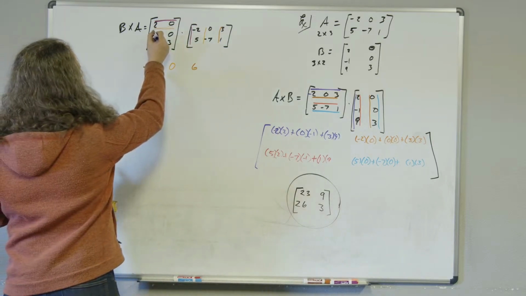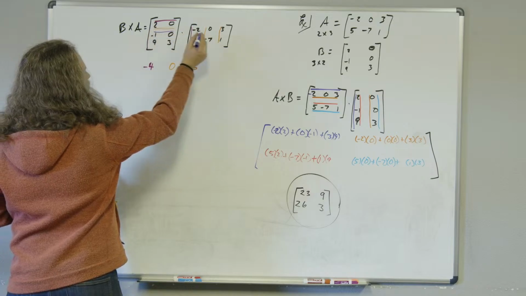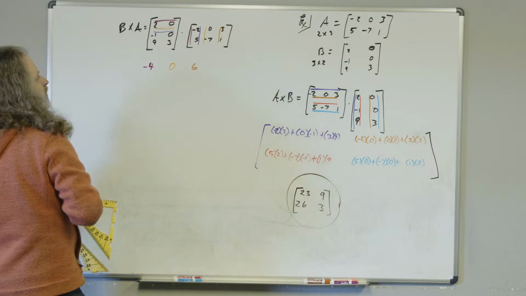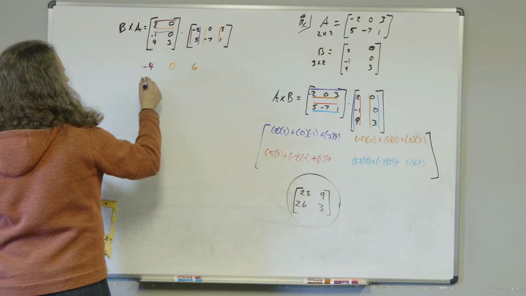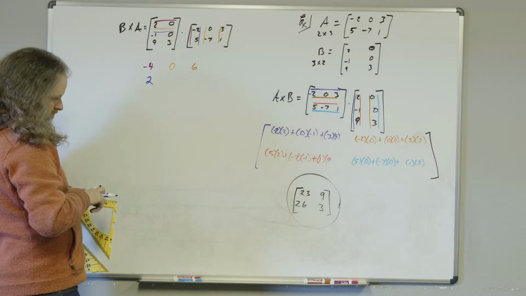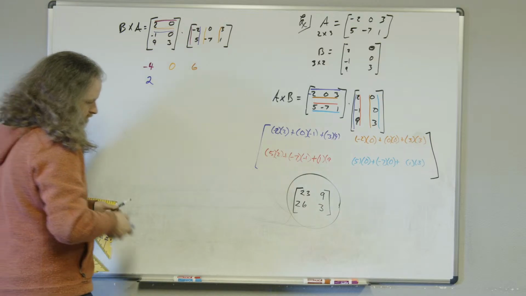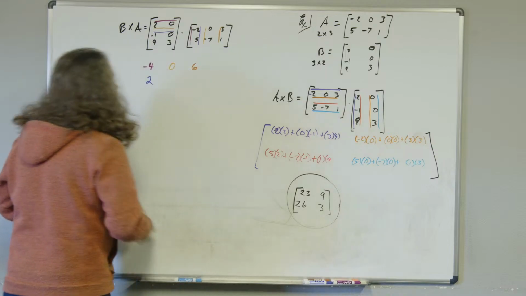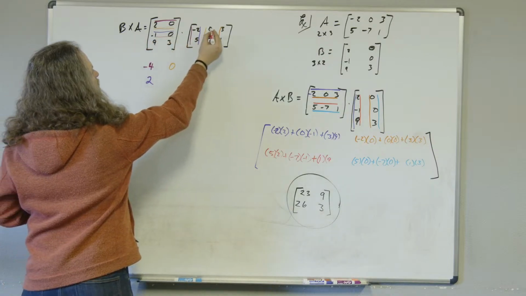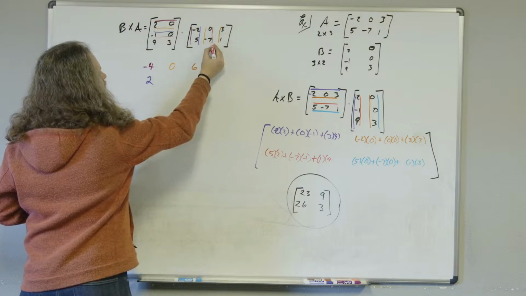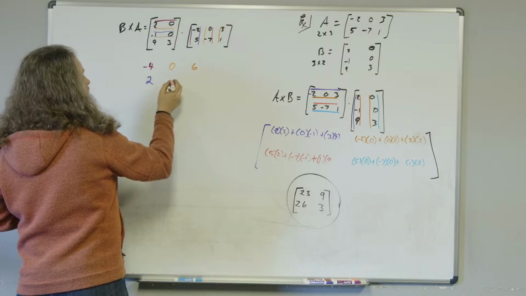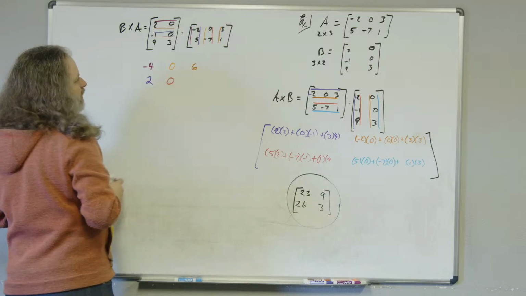-1 times 0. No, -1 times -2 is 2. Plus 0 is 2. -1 times 0 is 0, and 0 plus another 0 is still 0, right?